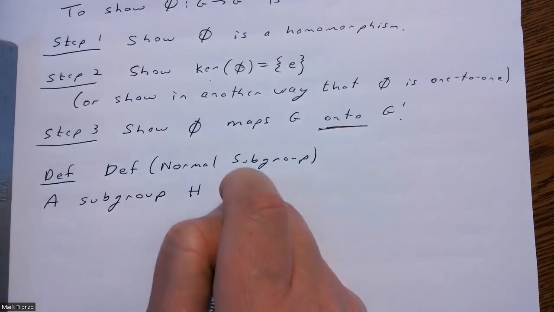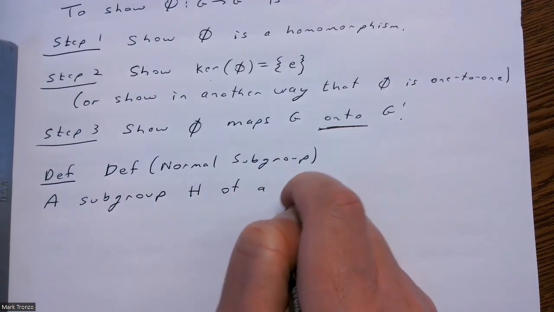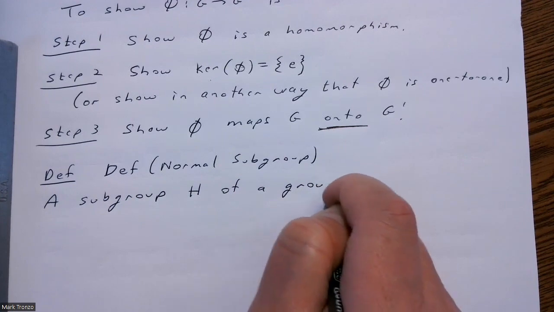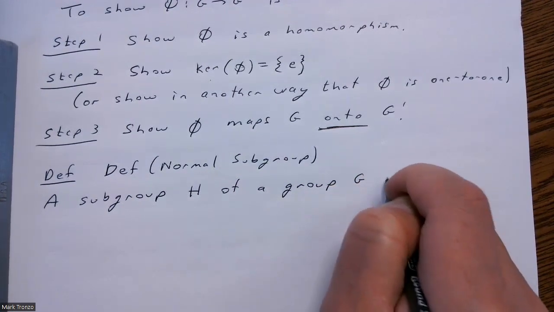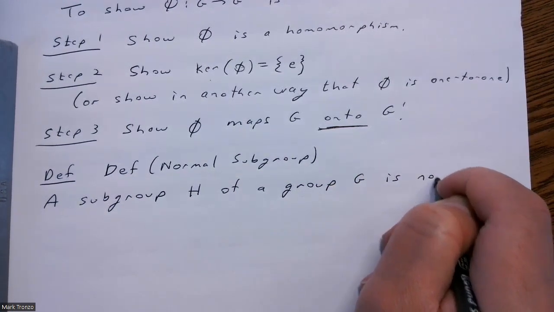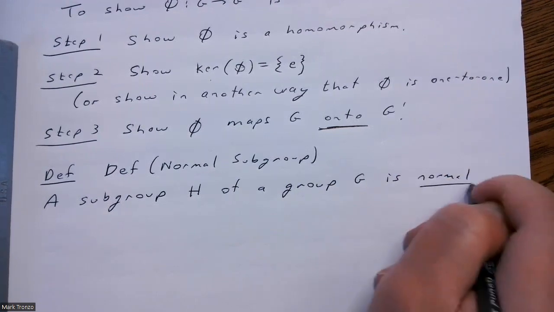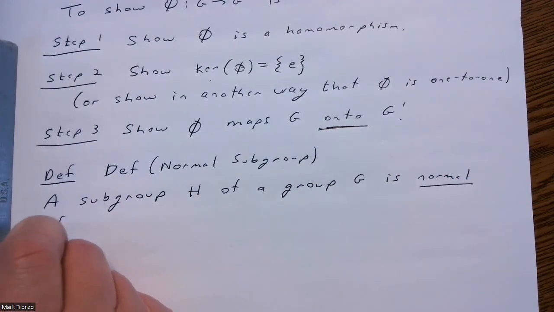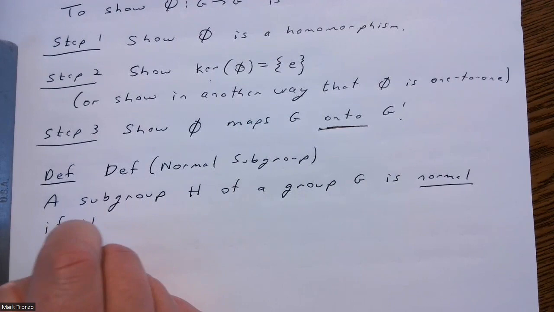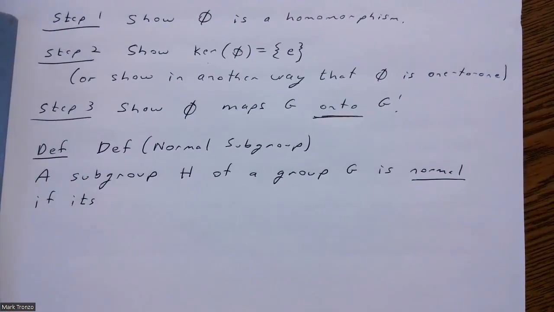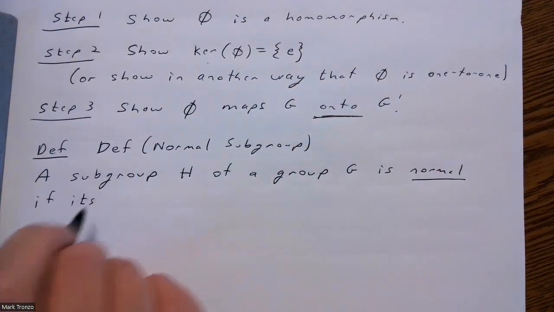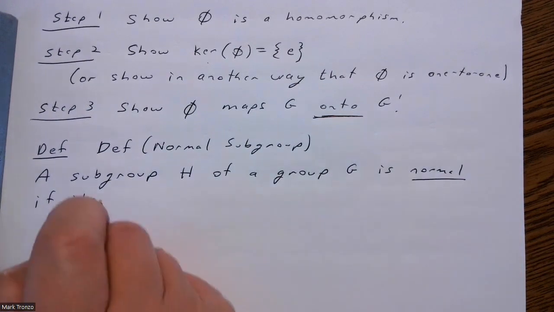A subgroup H of a group G is normal if its left cosets and right cosets are the same.